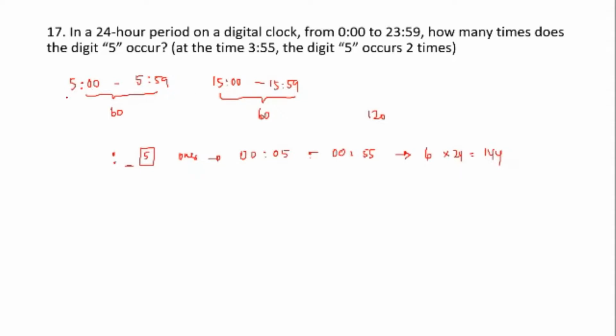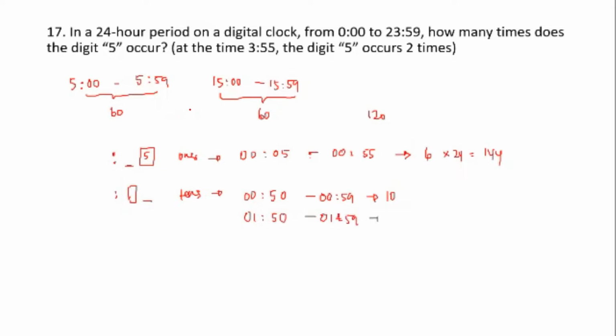Now, what about in the tens place of the minute? So now this is the tens place. Now we can see that in the minute, it can have 5 in all of the minutes from 0050 to 0059. The digit 5 appears 10 times, and the same goes to 0150 until 0159.